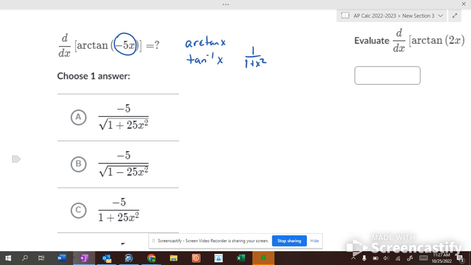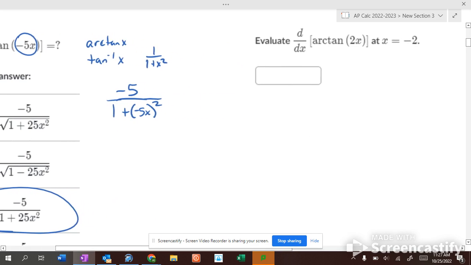So the first derivative of negative 5x is what? No, negative 5. Over 1 plus negative 5x squared. Correct? The first derivative of this over 1 plus this squared. Well, that would equal choice C. We're good with that? Okay.